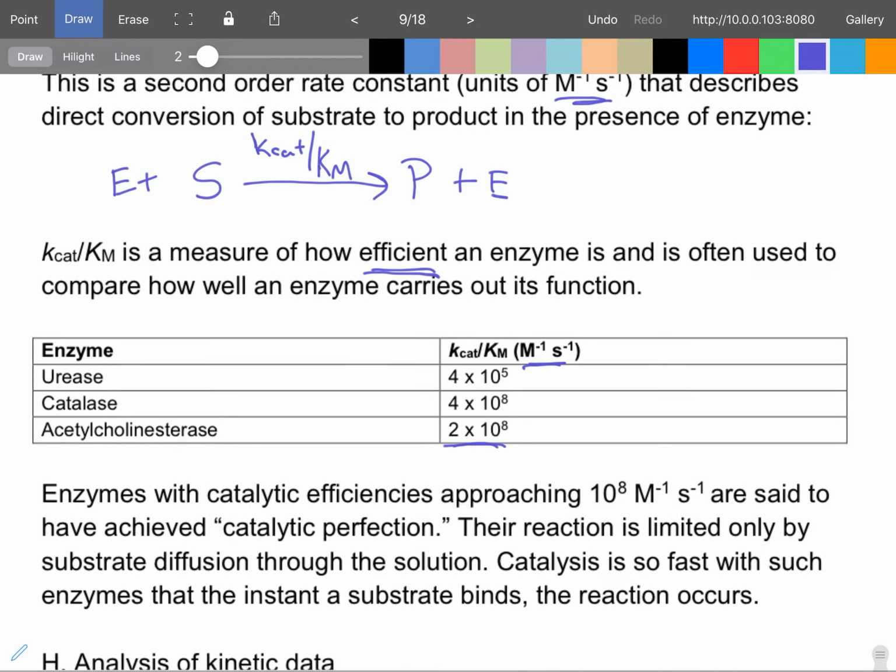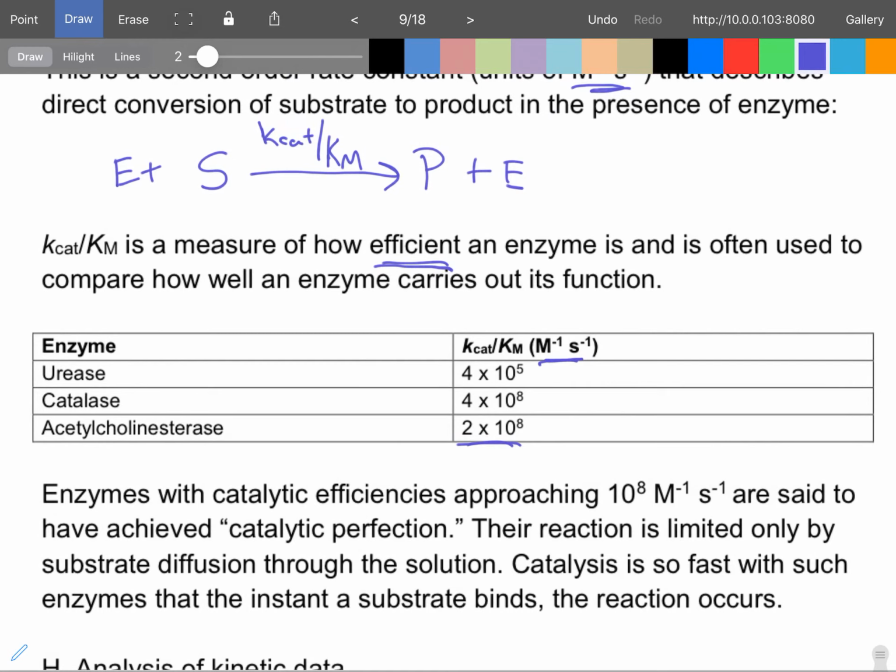And an interesting thing we consider, when enzymes have efficiencies approaching 10 to the 8th, we call them catalytically perfect because they're so good at catalyzing the reaction that it's limited only by how the substrates can get to the enzyme. Once the substrate actually does bind, the reaction occurs essentially instantly.